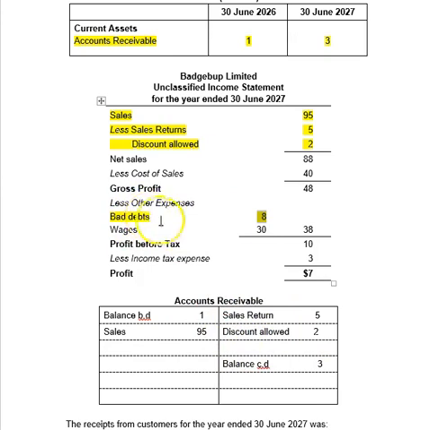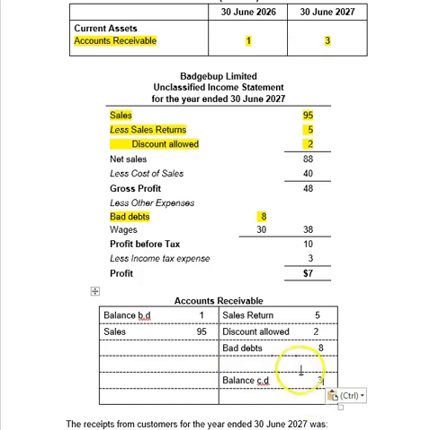So bad debts here will actually reduce our amount in accounts receivable. So under credit side, you should put in bad debts, $8.